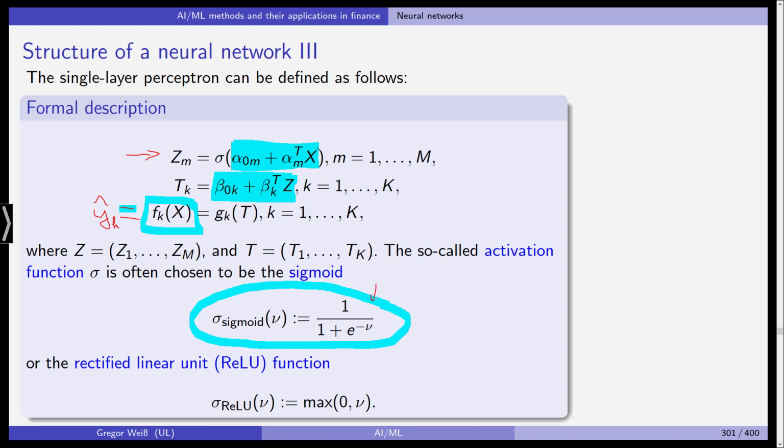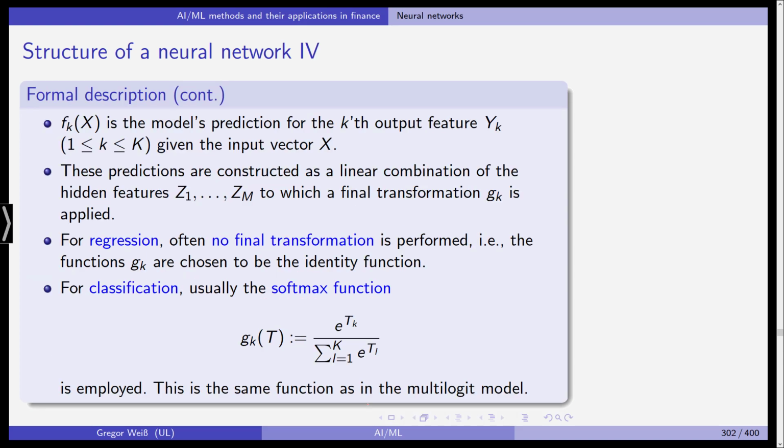That's the sigmoid function. One can also use the rectified linear unit function. This is given by the maximum of 0 or v, but that's basically the single hidden layer perceptron. Now, fk is the model's prediction. These predictions are constructed as a linear combination of the hidden features, and we have a final transformation gk.